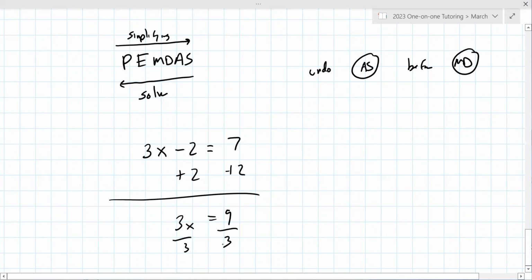Okay. So x equals 3. Oh, okay. I get it. Well, I'm going to give you a couple more here because you got to know this. This is not beyond you. You can absolutely do this. Let's say it's x divided by 4 minus 5 equals 1.